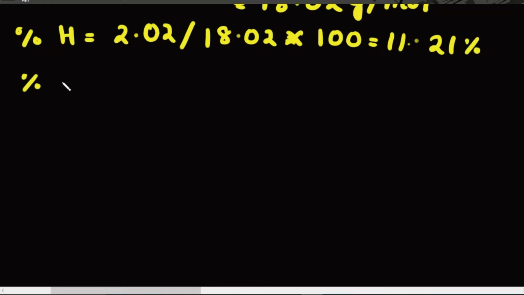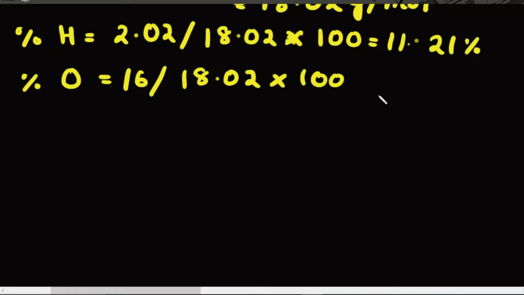Similarly, percentage of oxygen will be equal to 16.0 divided by 18.02 into 100, which is equal to 88.79%. So now, the importance of mass percentage. If the mass percentage of various elements present in the compound is known, empirical formula can be determined. Similarly, molecular formula can further be obtained if the molar mass is known.